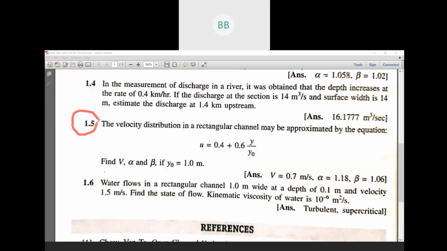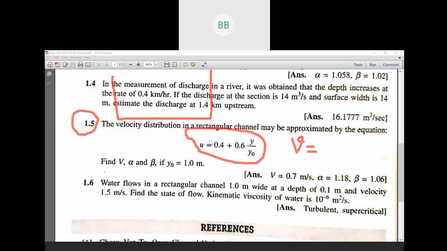So first we are going to solve this numerical. What is given? The velocity distribution in a rectangular channel may be approximated by the equation given here. This small velocity is represented by u, which is nothing but your small v.